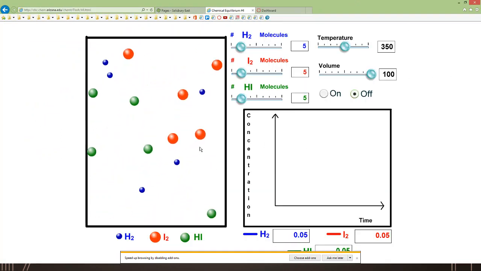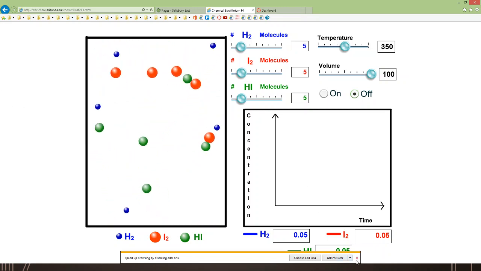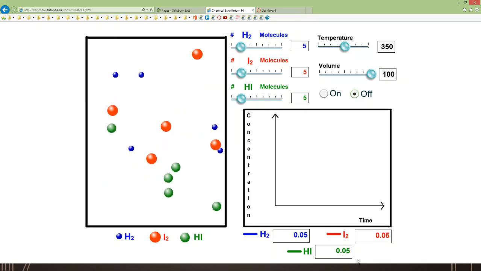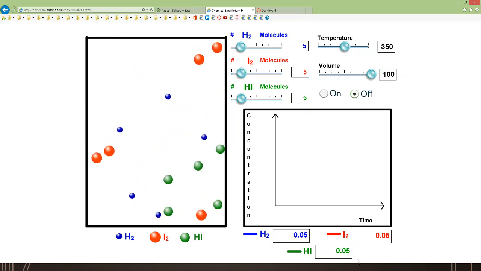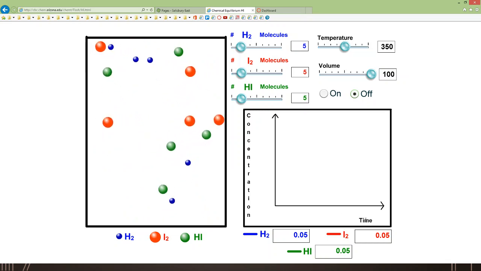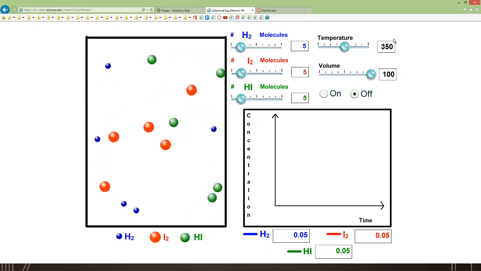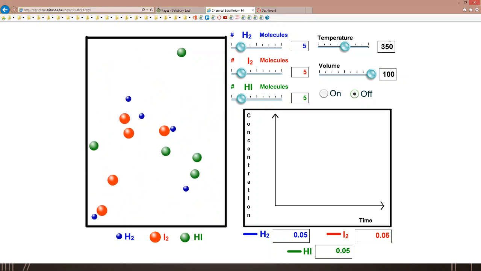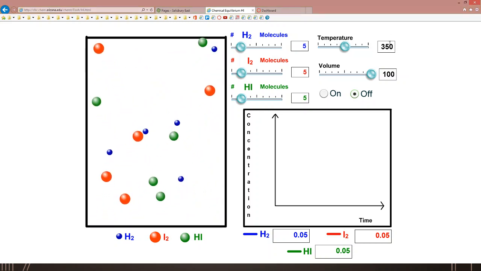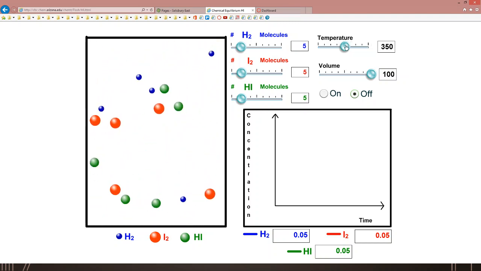Okay, so what you're seeing here is a simulator for the reaction. And the graph that you are seeing is concentration versus time. At the beginning, before the reaction happens, at 350 K, 273, so 350 K would be what?